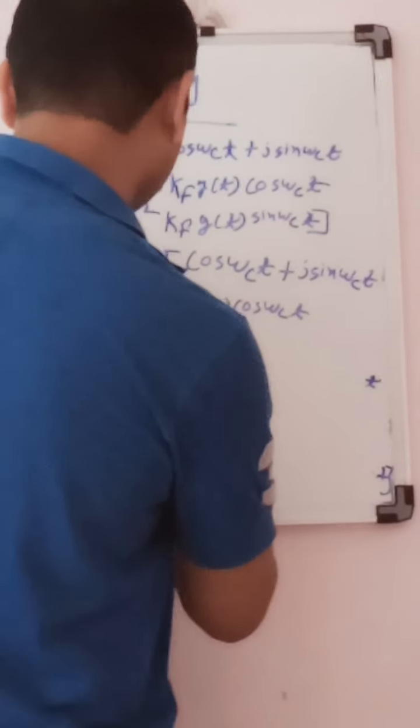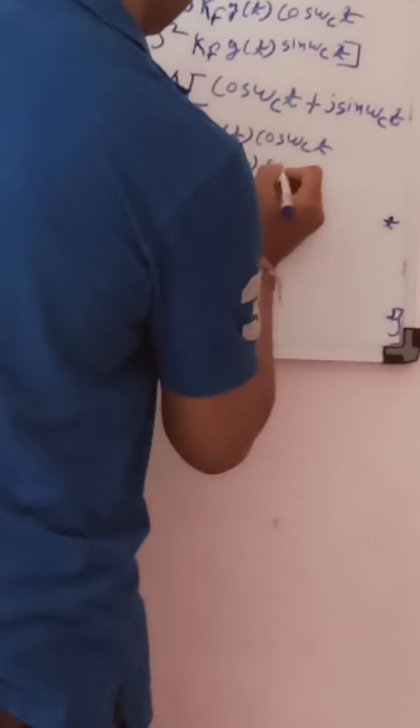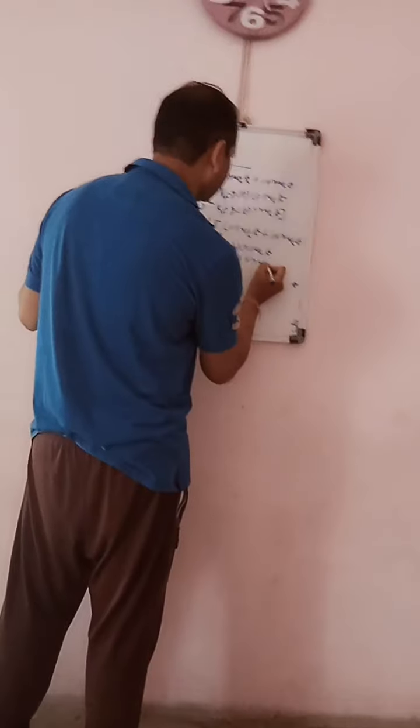So here in place of this j square I will write a minus sign: minus kfg(t) sin omega ct.